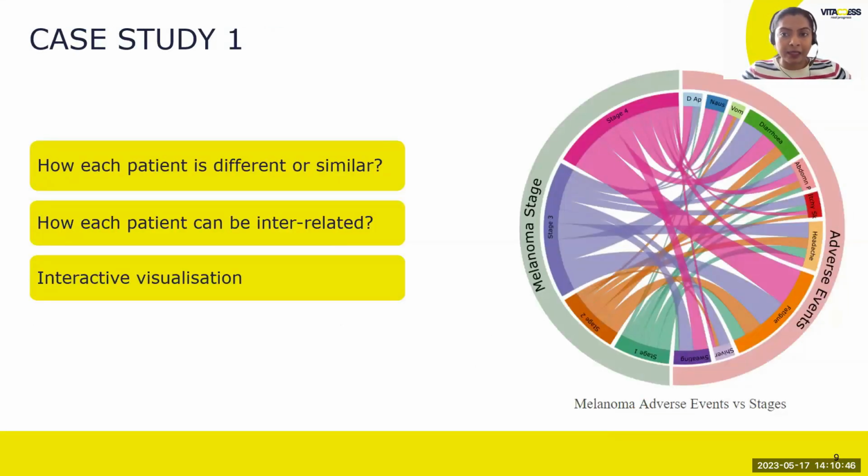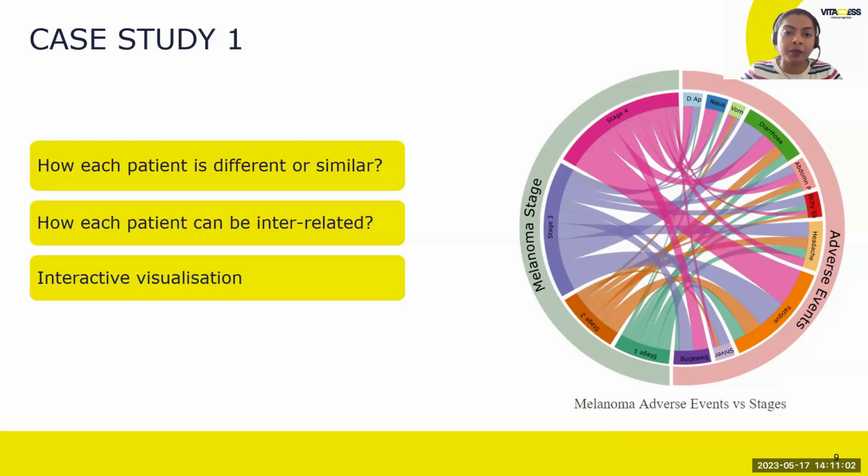This is a case study which we present using a visual representation of patients' data. The visual representation here shows the adverse events reported and the stages of melanoma using a chord diagram.